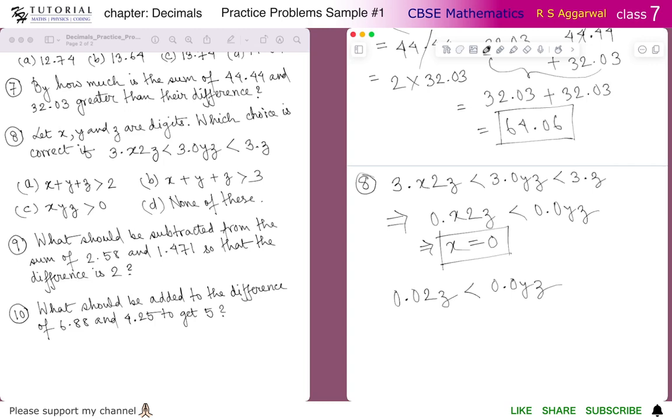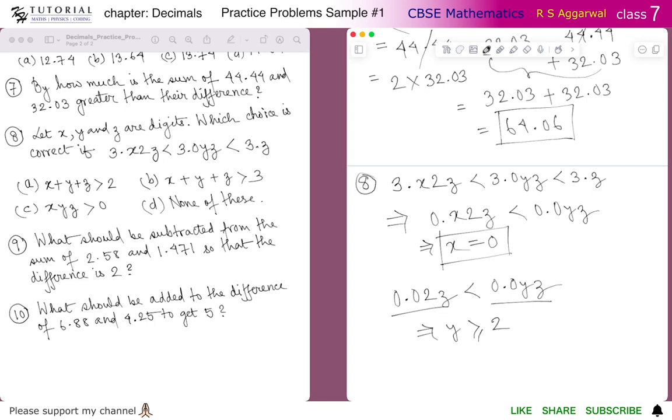So if this decimal part is less than this decimal part, then obviously y should be greater than or equal to 2. No, y cannot be equal to 2, because you see the third digit is z.